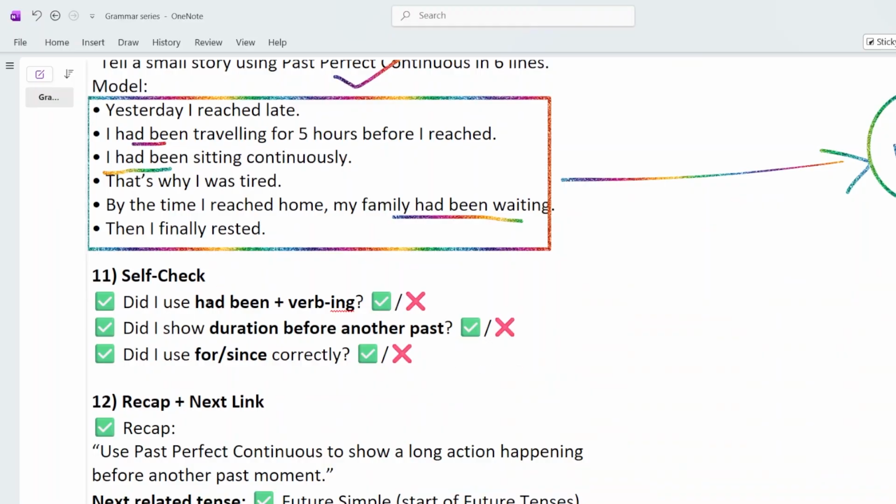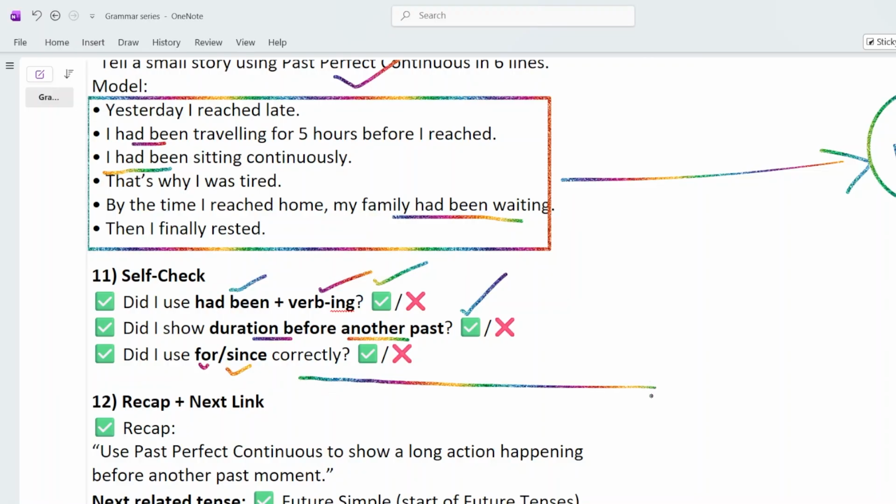A self check: you need to ask yourself, did I use had been and a verb in the ing form? Then yes, you are on the right path. Did I show a duration before another past action? A very important point to keep in mind when you're using PPC, that is past perfect continuous. Did I use words like for and since? Then yes, you are on the right track.